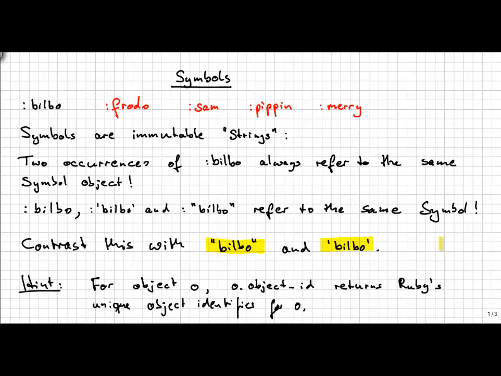We can find this out if we look for an object o and call its object_id method, because Ruby returns via this method the unique object identifier for that object o. And so we can find out what concrete object identifier a given object has.